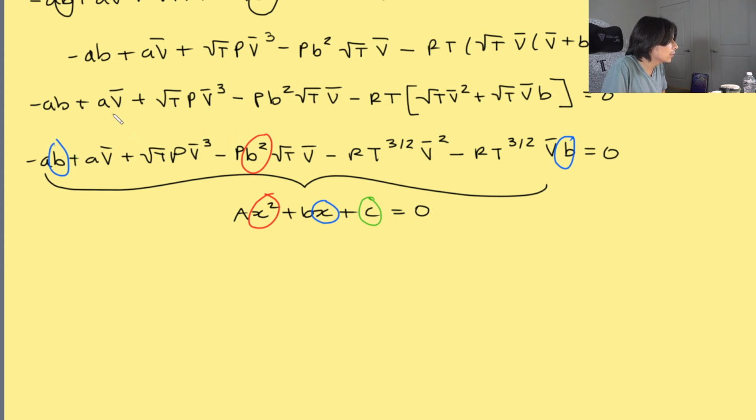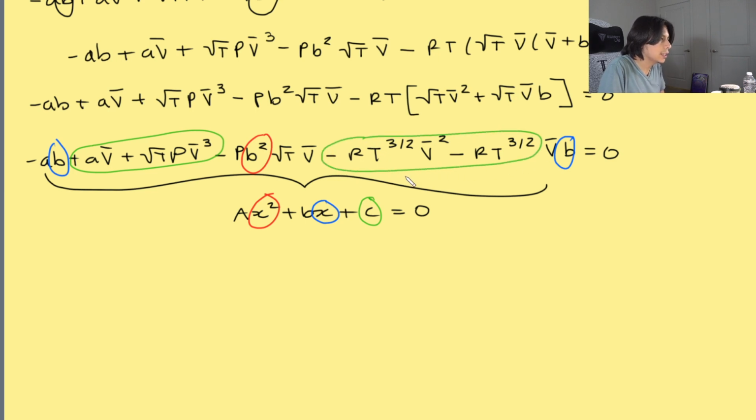So I'm going to circle these 2 terms as part of that c, as well as these 2 terms, because they do not contain b, the variable we want to solve for. With that done, we're going back to using black, and now we're going to rearrange it so that it's in that order.